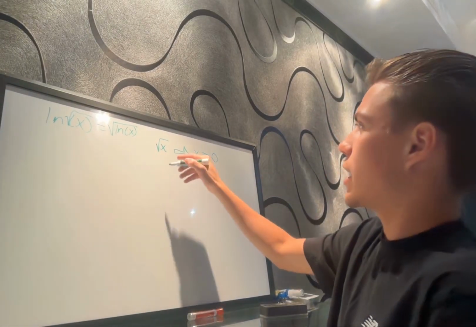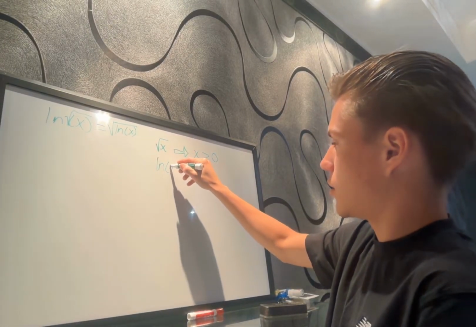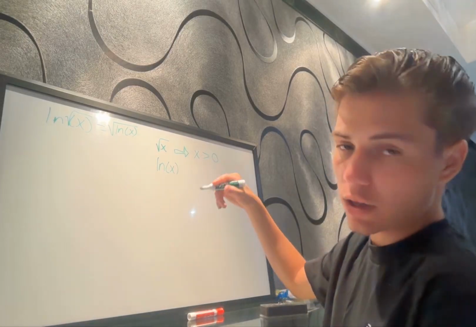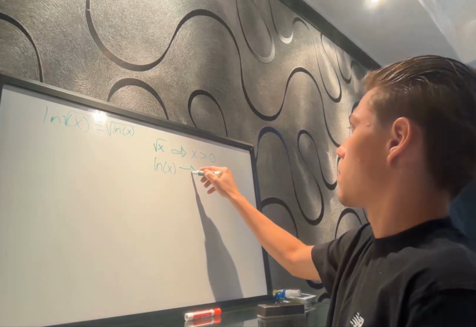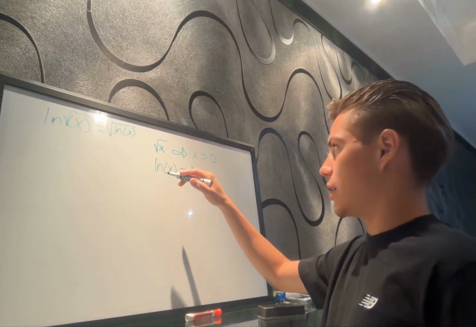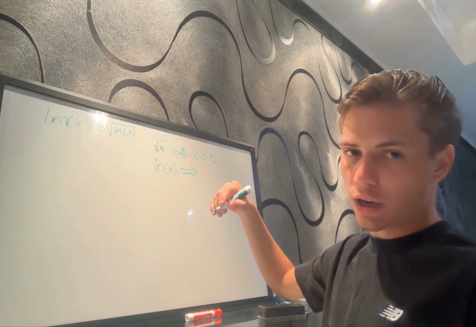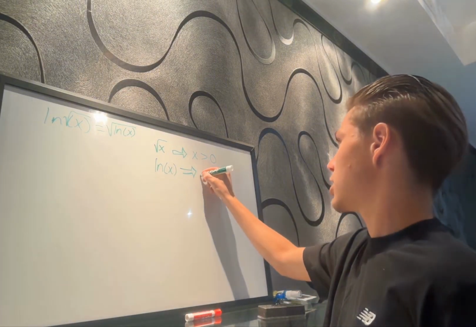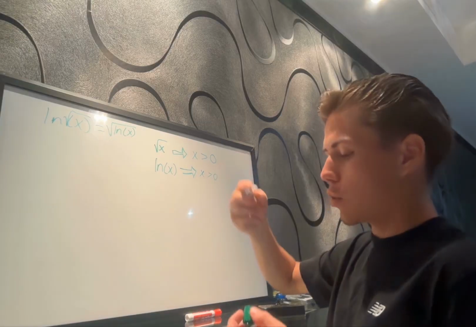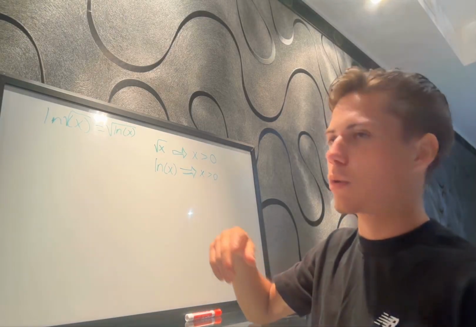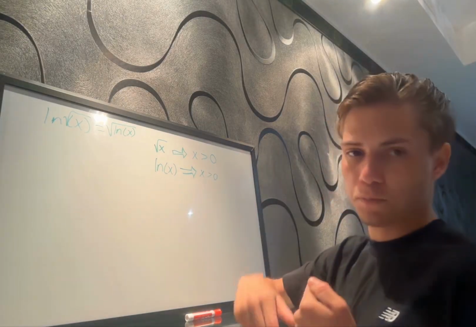And also, let's look at natural log of x because it also has domain restrictions, right? So you can't have a negative x in a natural log, or you can't have a 0. So we have the same restriction here. So whatever we find for our x, it has to be greater than 0.